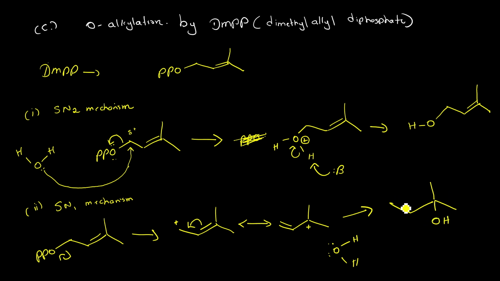OH. The other product can also be obtained, I mean, the OH can be attached to this place also, but when it comes to the SN1 mechanism, these are the two structures which are possible. So most probably it will go and attack here. But always remember, these are not regular organic reactions. These are biosynthetic reactions, right?